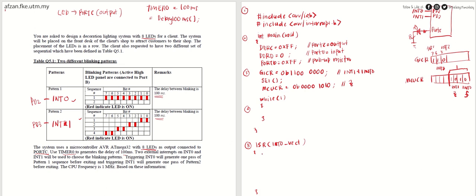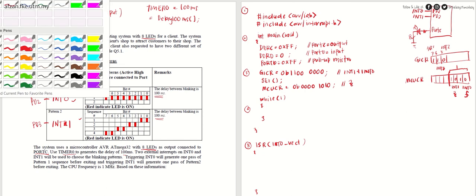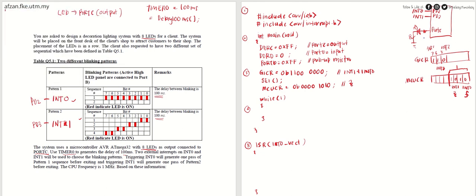Since our LEDs are all connected to port C, you put PORTC. What value do you need to send out so that all the LEDs will turn on? So you put 0B.